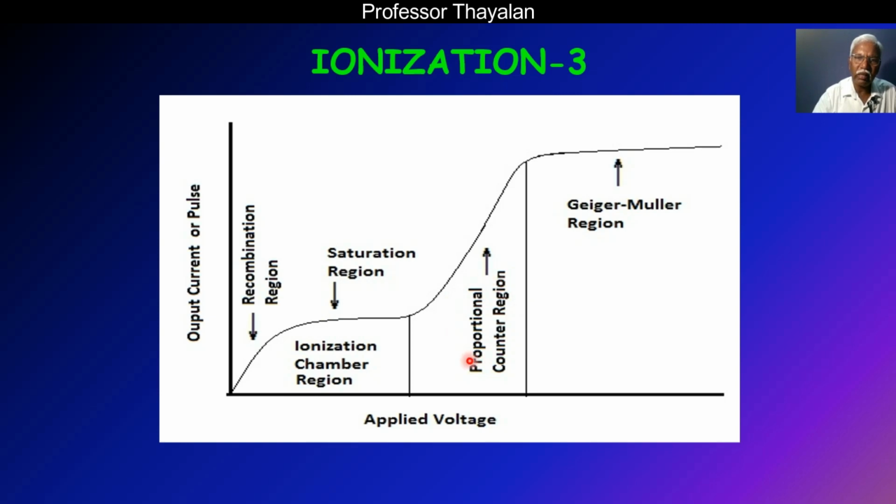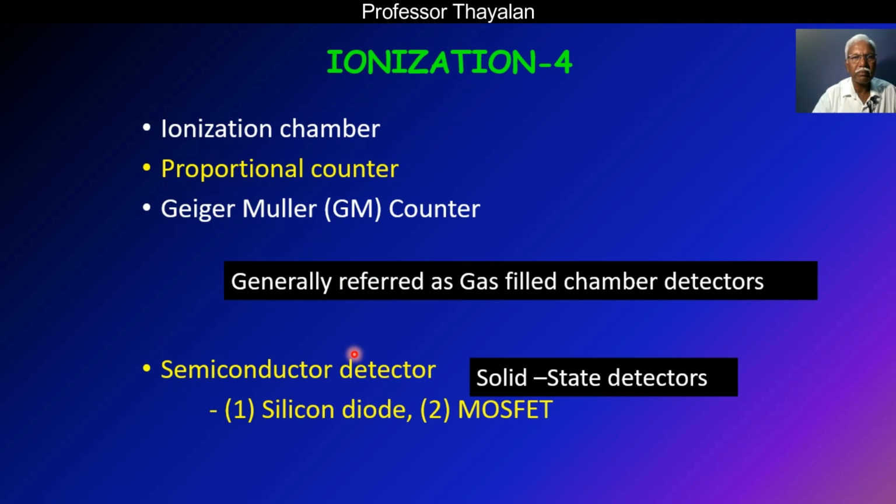The system working in the proportional region is called a proportional counter or proportional chamber, and the devices working in the ionization region are called ion chambers, which we use in most radiation measurements. So based on the applied voltage, we can divide the chambers into ionization chamber, proportional counter, and Geiger-Müller counter, or in general GM counter. Generally all three are called gas filled chamber detectors.